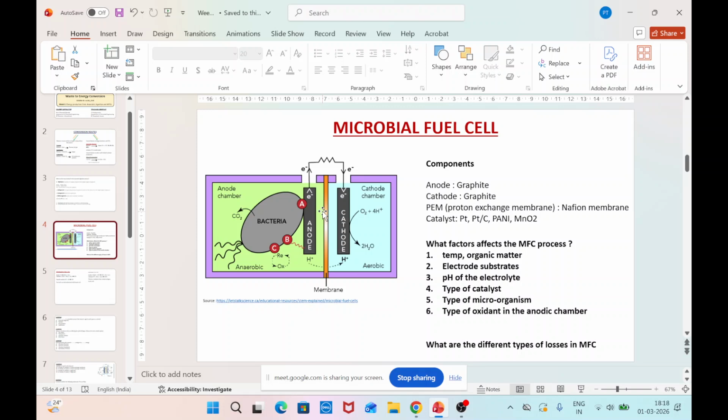When you increase the temperature to 50 or beyond, let's say 60 or 70 degrees Celsius, the hydration level of that membrane decreases, and that creates an issue for the movement of the H+ ions. One more reason is that the H2 gas you use is flammable in nature, so a high temperature also increases the risk of a fire hazard.